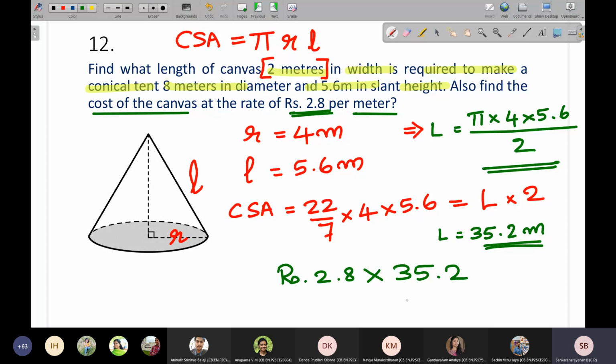So 2.8 into 35.2 gives you the cost, and that comes to rupees 98.56, and that is the answer for our second part of the question. So pi r L you have to remember, and from that you can get the length, and from length you can now find the cost. 98.56 is the answer. All right.